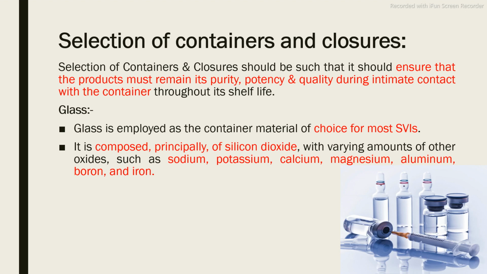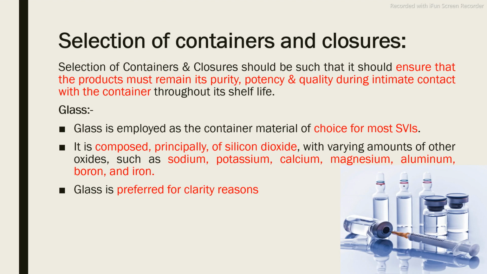As we know, glass is made up of alkali and alkaline earth metals. So all these types of metals will be present in your glass material, and the principal component of the glass material is silicon dioxide. Glass is preferred for clarity reasons. Just because of the clarity, we select glass as the material.